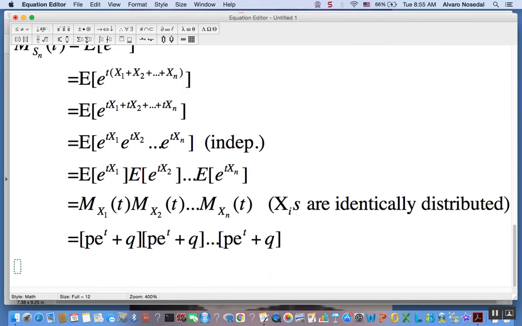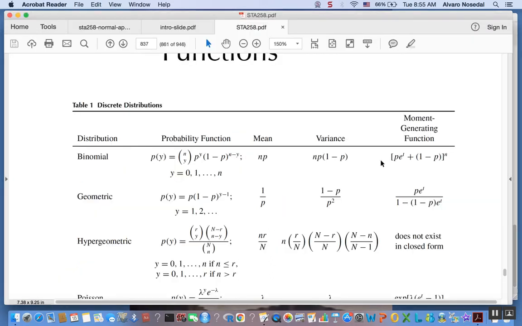The product of those will be just (p e^t plus q) to the power n. Now, if we compare this with the MGF of a binomial, it is identical.